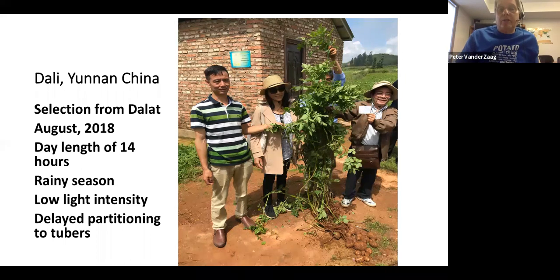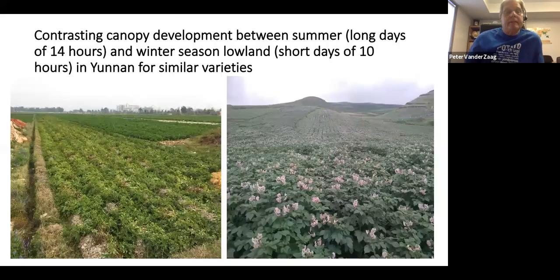It has very good resistance to late blight, this variety, and it has very good processing quality for chips. Those are the pros. The cons are it's late maturing. And this is just to show you the contrast. Here, the picture on your right is a summer crop in Shantung, northeast Yunnan province, at 27, 28 degrees north latitude.